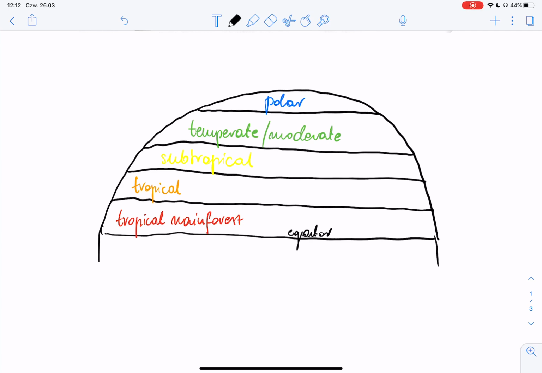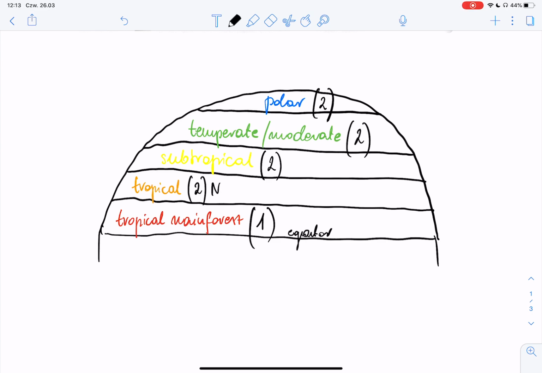So I won't be drawing the second hemisphere in this diagram, but what you have to know is that we have one huge stripe of tropical rainforest climate, two stripes of tropical zone, two stripes of subtropical zone, two stripes of moderate/temperate climate, and two stripes of polar climate.